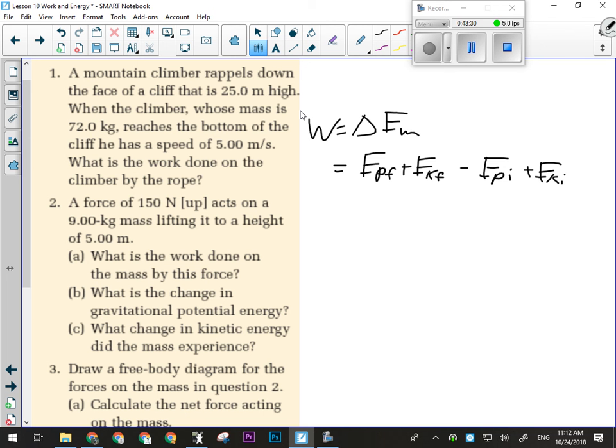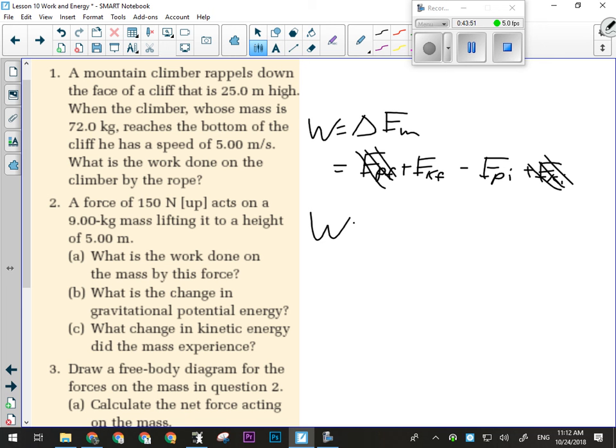Okay, this is where I want to simplify if I can, right? At the top of the cliff, how fast were they going? 0. So they had no initial kinetic energy. Similarly, at the bottom of the cliff, they have no potential energy. All right, so now my life just got a heck of a lot easier.